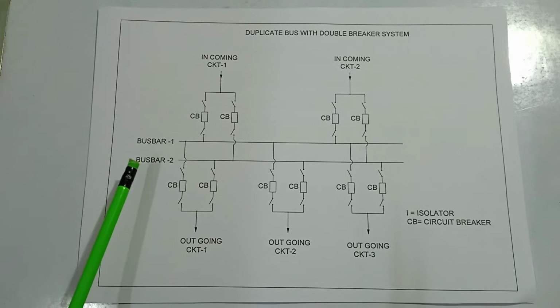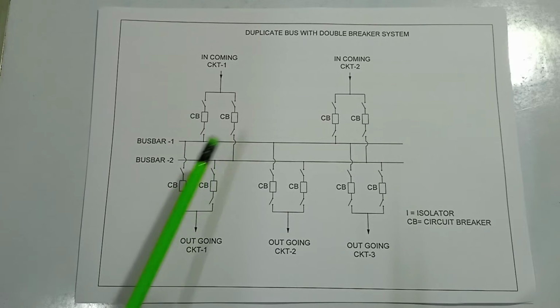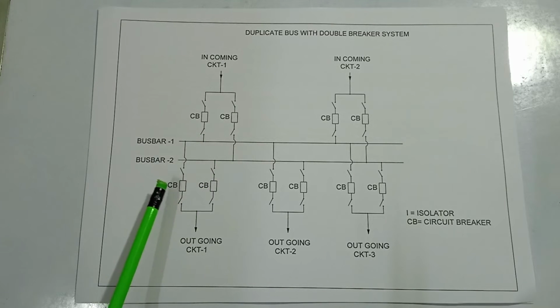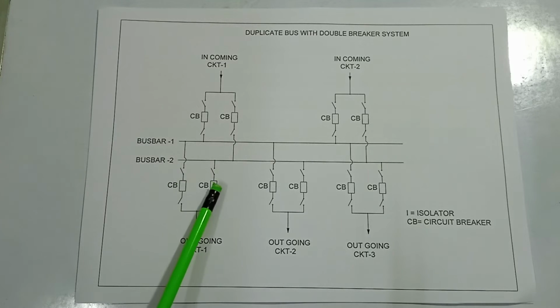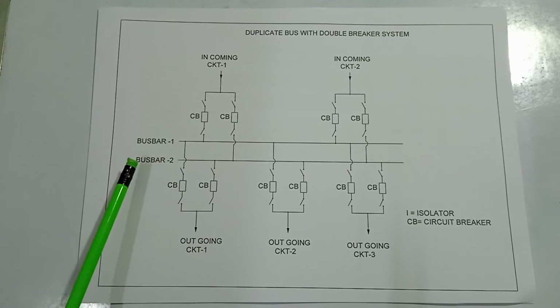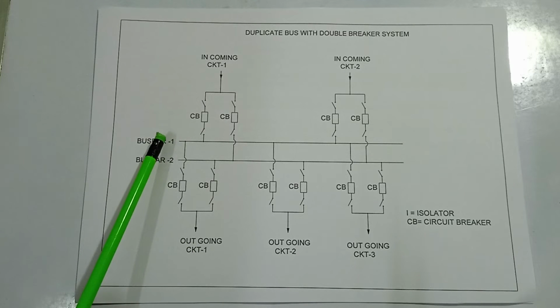Suppose busbar 2 is running and busbar 1 is idle, then just open this breaker and close this breaker. Busbar 2 is running and busbar 1 is idle.